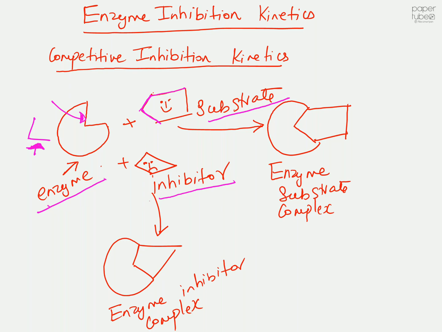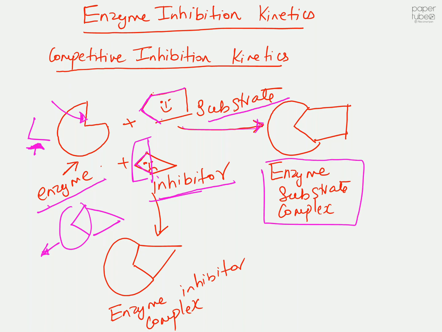And then we also have an inhibitor which has a similar molecular structure, something similar to the substrate. This part of your inhibitor can fit into the binding pocket of your enzyme. So if your substrate goes and attaches to your enzyme, you will get an enzyme substrate complex, which is here.